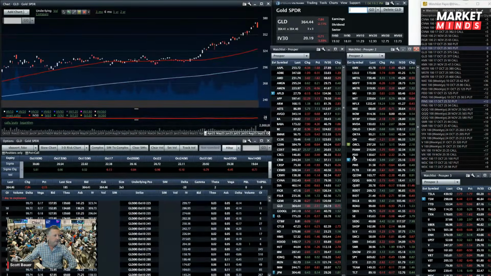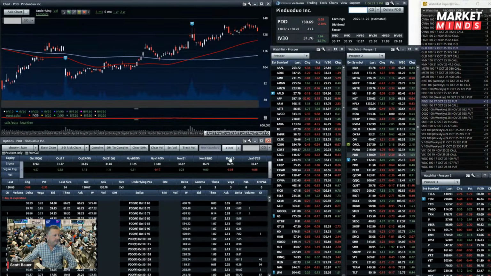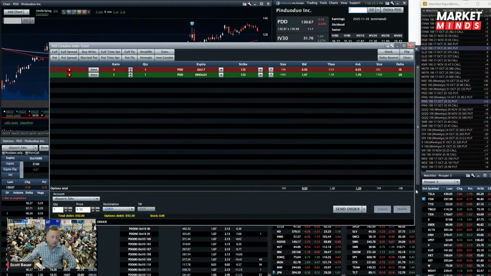Now, we have this position after a roll that we did, for those of you that are in OpVol, in a stock called PDD. This is not the position we started with. We actually started with a diagonal, which we just rolled into this position here.